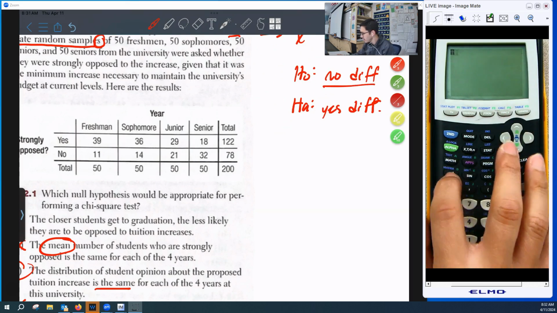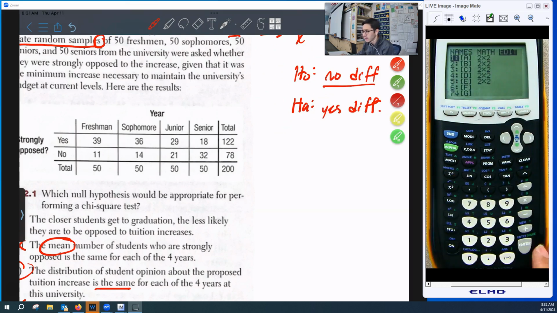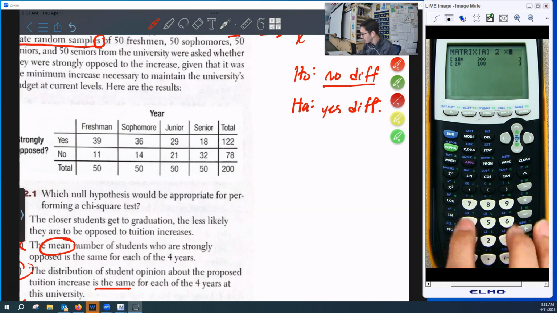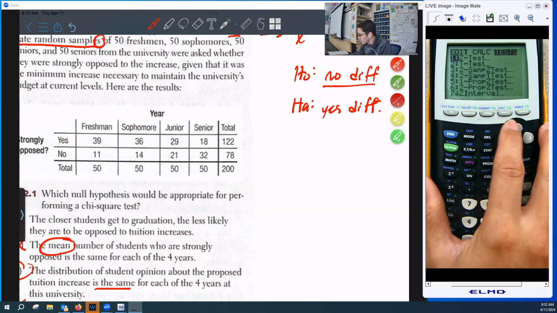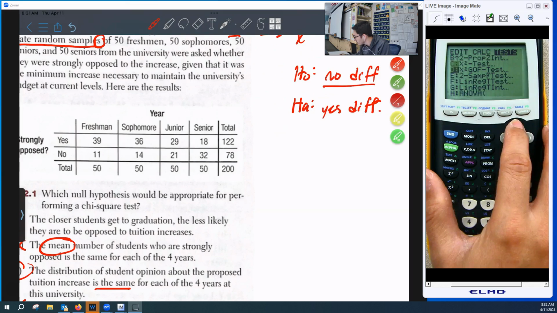So I'm going to go ahead and use the matrix here, and then I'm going to make a 2x4 matrix, and then enter in these observed counts: 39, 36, 29, 18, 11, 14, 21, 32. Right, and then I can just run the chi-square test.